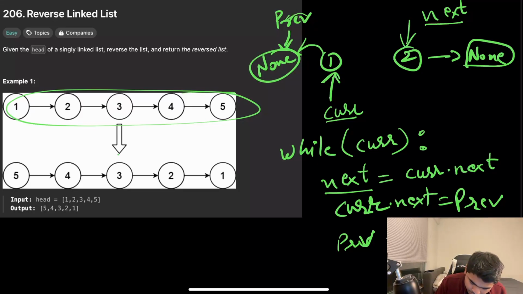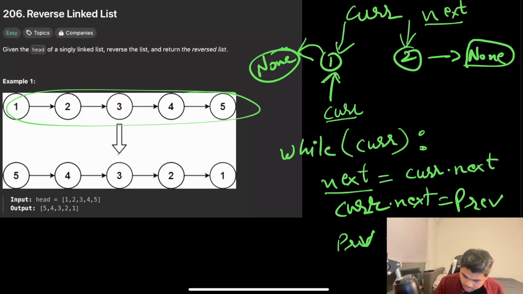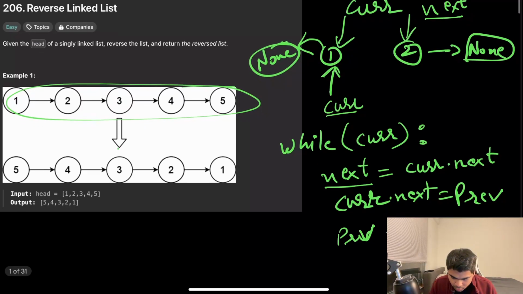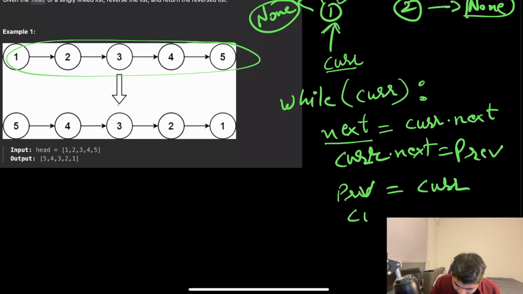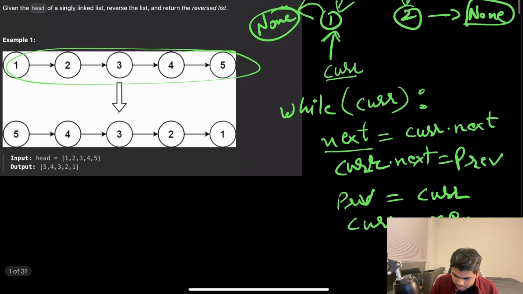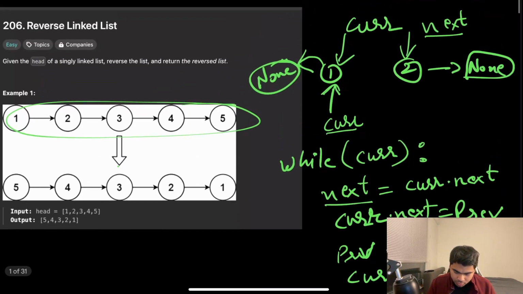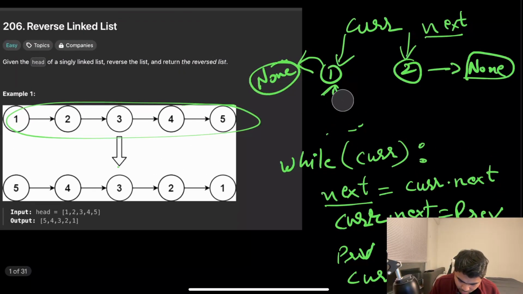So my prev, instead of this None, would point to cur. And one more step: pointing my cur to next.